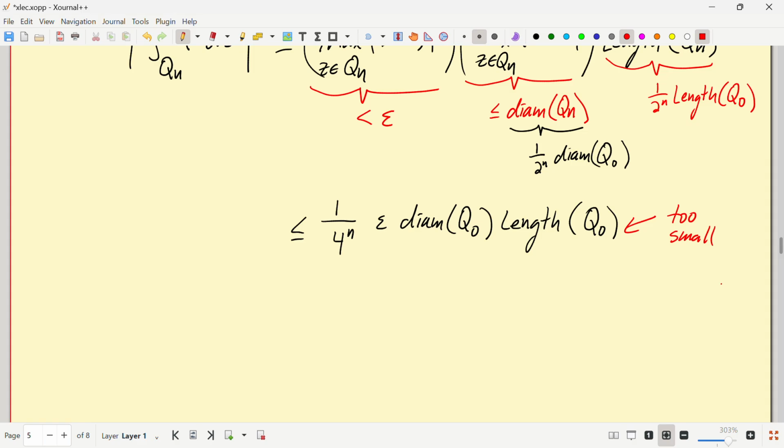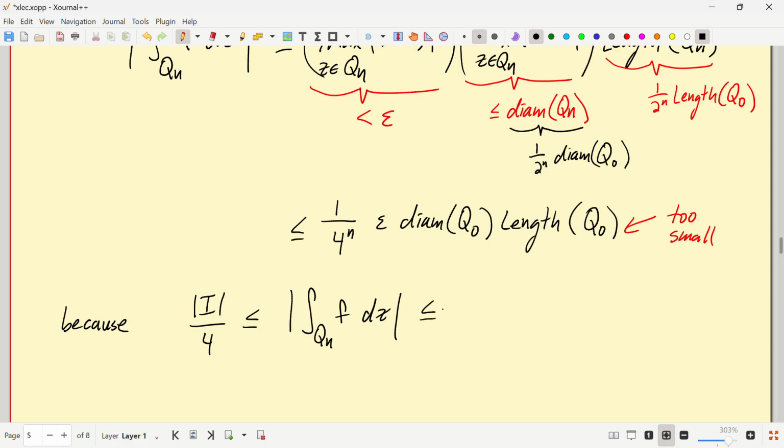Remember, I over 4 to the n was bigger, so that's less than or equal to the integral around Q_n. And this one's less than or equal to, oops, this is because this is 4 to the n, something else, an epsilon, times something.